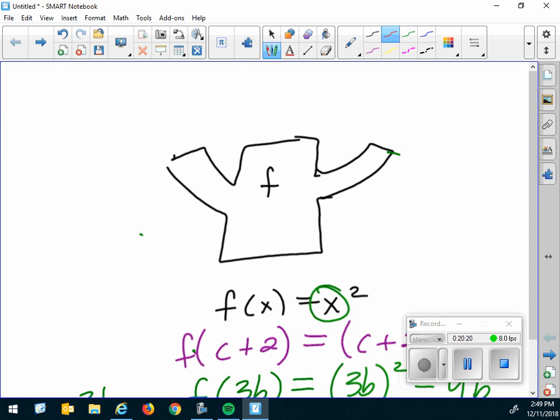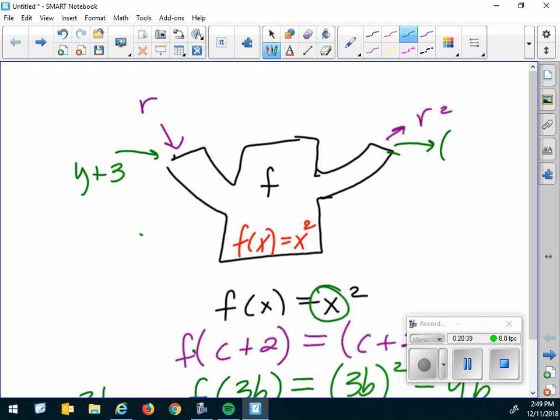F of x was x squared. Now, what if we put r into that? What comes out? R squared. What if we put y plus 3 into that? Y plus 3 is getting squared, right?